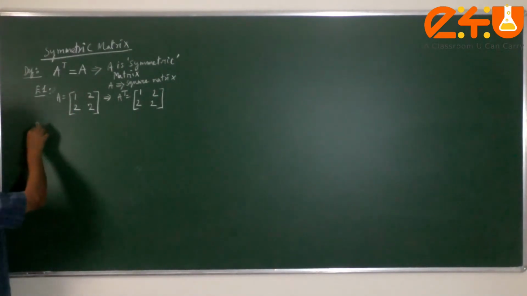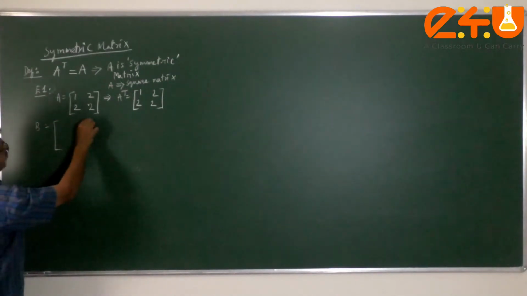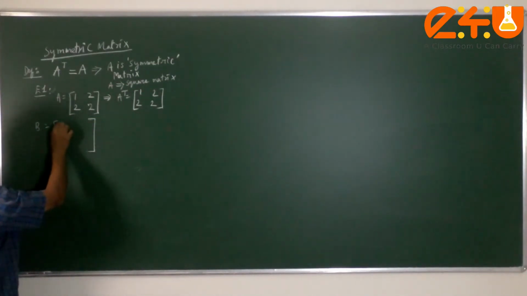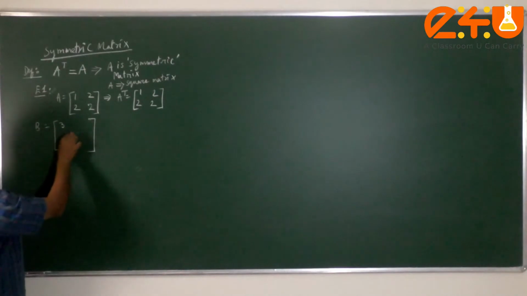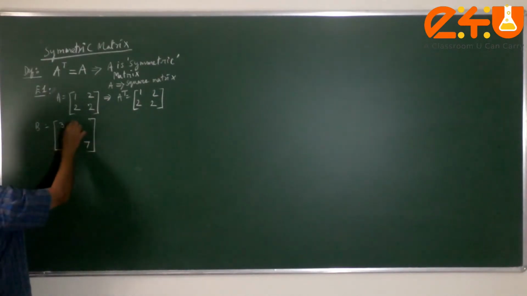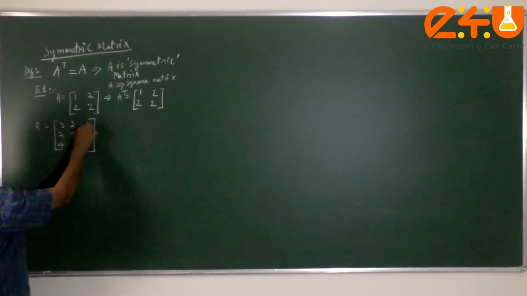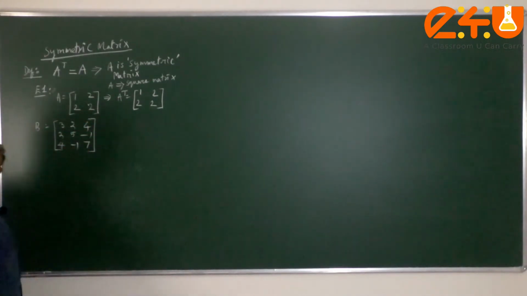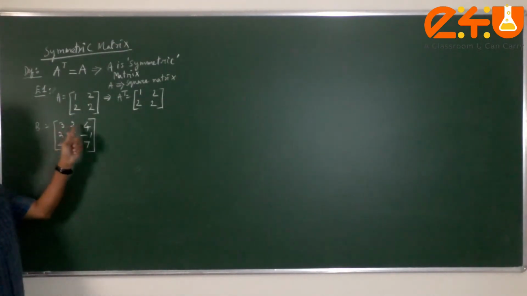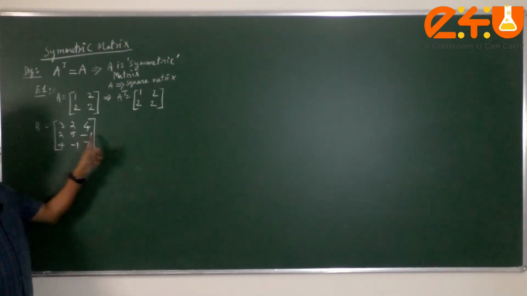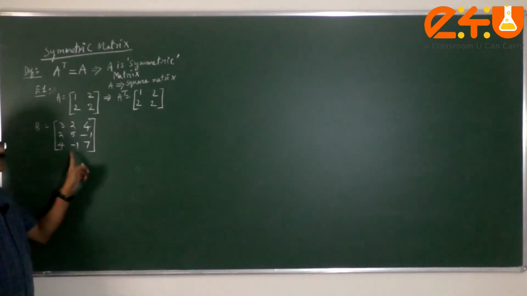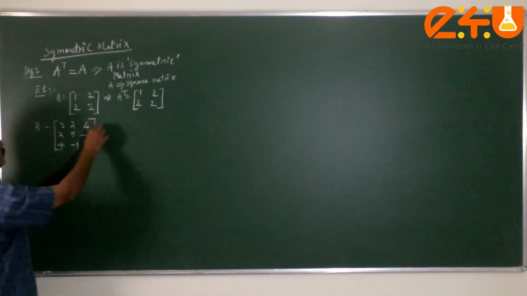So let us go for another example, a 3 by 3. Let me write the diagonal elements and then the rest. The matrix B has 3, 2, 4 in row 1; 2, 5, minus 1 in row 2; 4, minus 1, 7 in row 3.